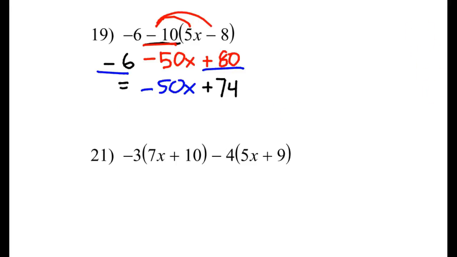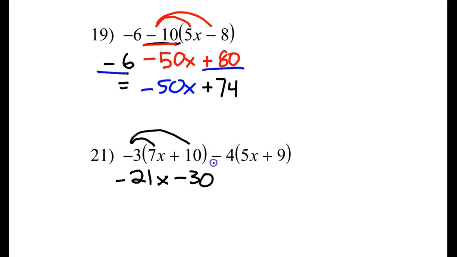After that, it's just doing like 2 problems together at the same time. So like 21 has 2 parentheses, so you just repeat steps twice. Questions? Hey. So let's just do 21. So -3 times 7 is -21x. -3 times 10 is -30. Right, so that's the first half.